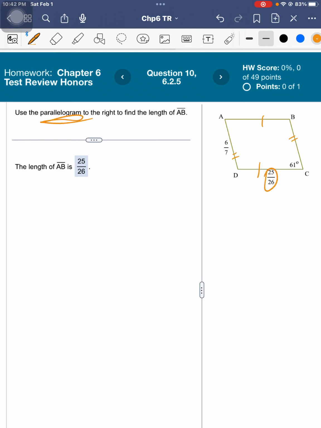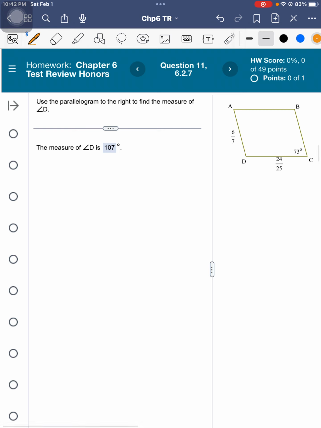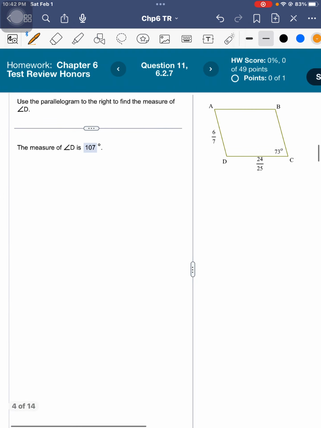So if this is 25 over 26, AB also has to be 25 over 26. Okay, use the parallelogram to the right to find the measure of D. Well, D is adjacent to this 73, so we just got to do 180 minus 73. The answer is 107.